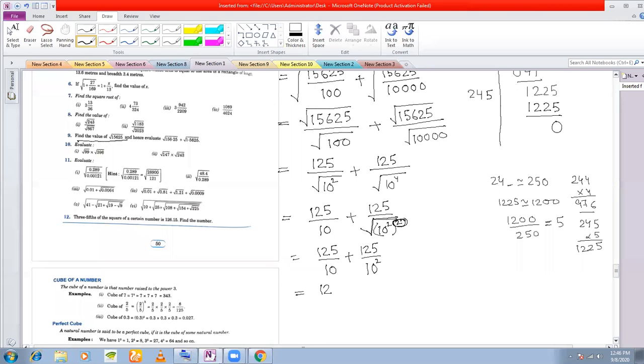So this is 125 by 10 plus 125 by 100, which is equal to 12.5 plus 1.25, which, if you add, you get 13.75, which is your answer.